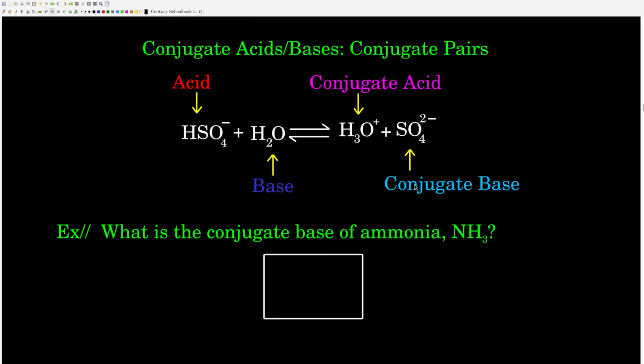Likewise, to form the conjugate base of an acid, we remove a proton. That means we remove an H, 1 less H in the formula, and we remove a positive charge. This had a negative 1 charge. When we take another proton away, we have 1 less positive charge, so now we have an overall negative 2 charge in the conjugate base.